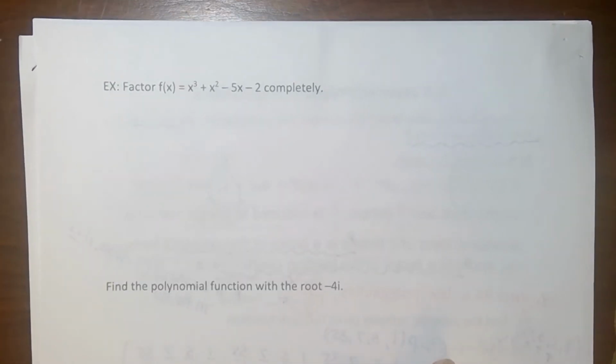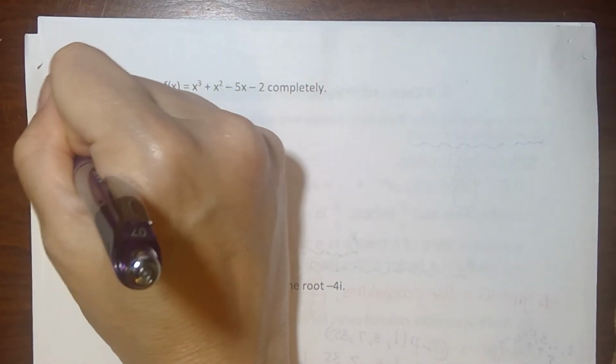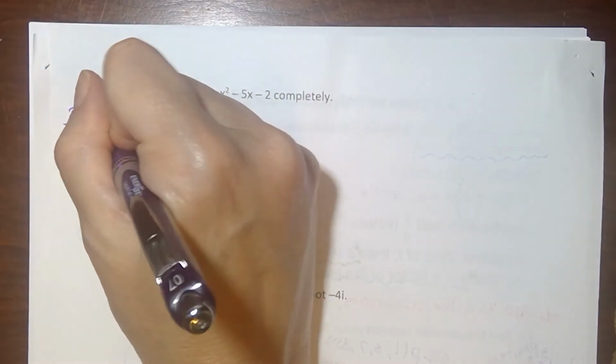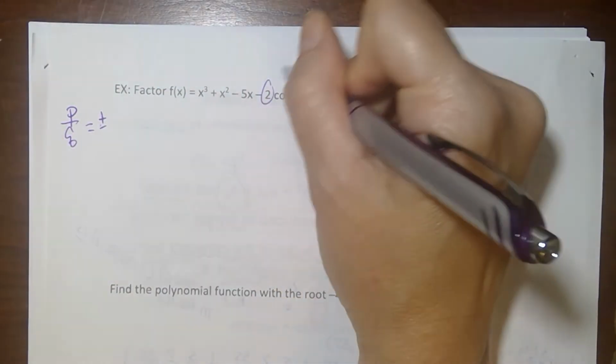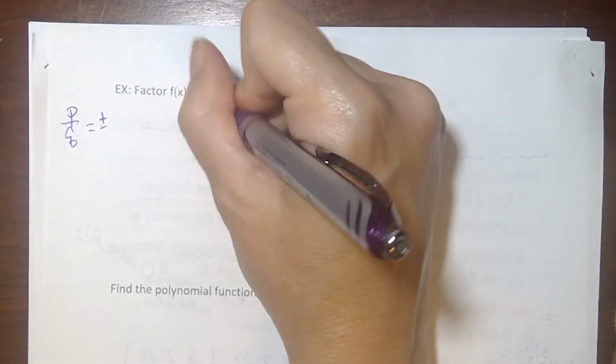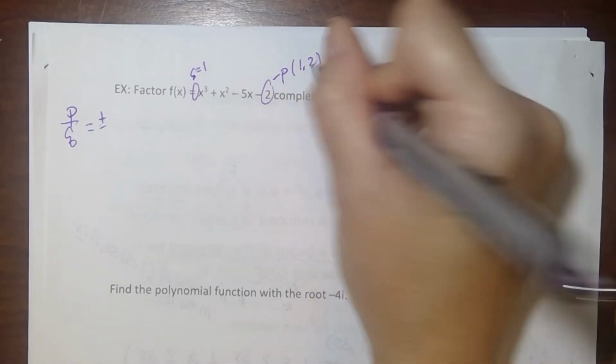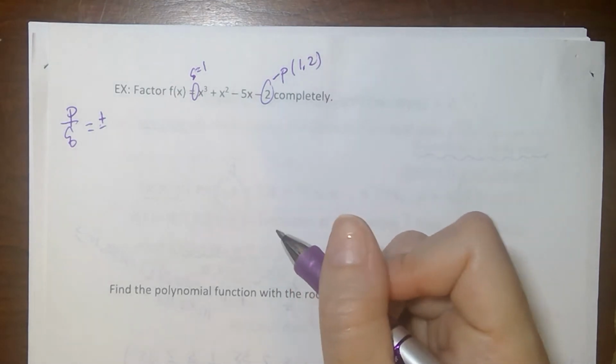Since we don't have a starting place given to us, we have to use our list of possibilities, P over Q, the rational zero theorem, to find a starting place. P comes from the constant, Q comes from my leading coefficient. Well, 1 is prime, so we have a very short list.